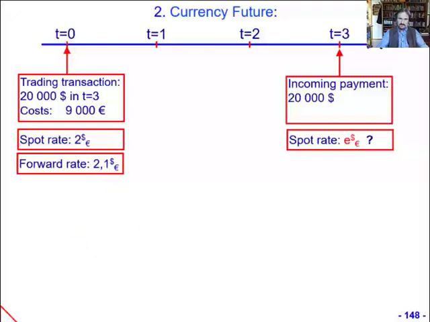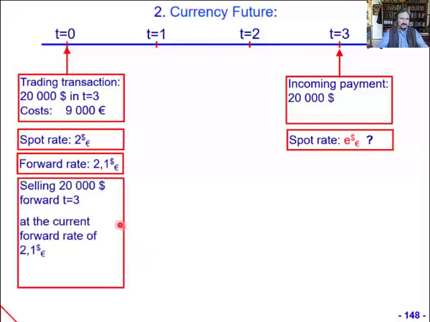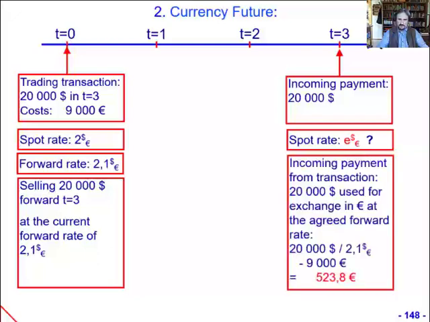So if we sell $20,000 on the forward market at a forward exchange rate of $2.1 per euro, we can exchange 3 months from now the incoming $20,000 payment from our American client at the certain forward exchange rate of $2.1 per euro.